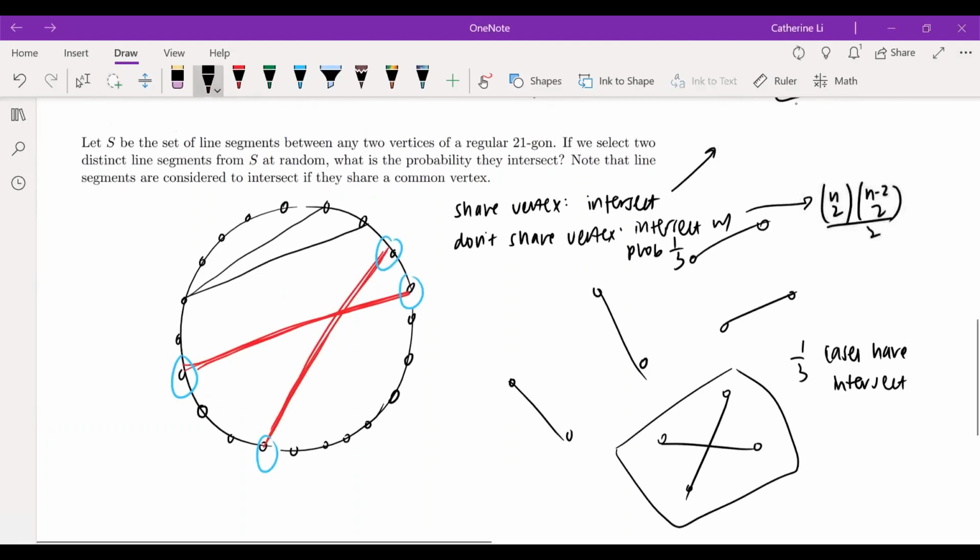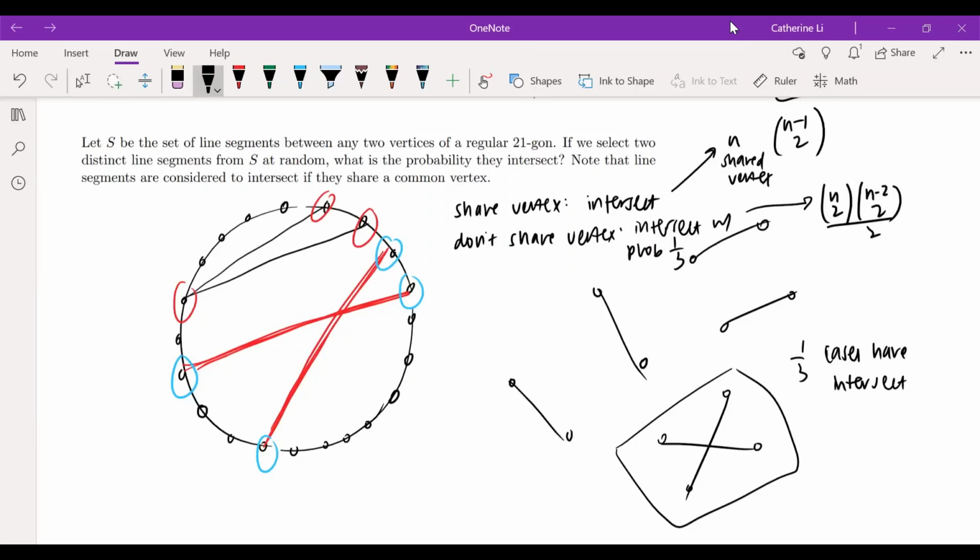Okay. If they share a vertex, there's 3 in total that we need to choose. Like if you look at this example, there's 1 that's shared and then 2 that we need to choose. So n ways to choose the shared vertex, and then n minus 1 choose 2 to choose the other 2 vertices on the segments.